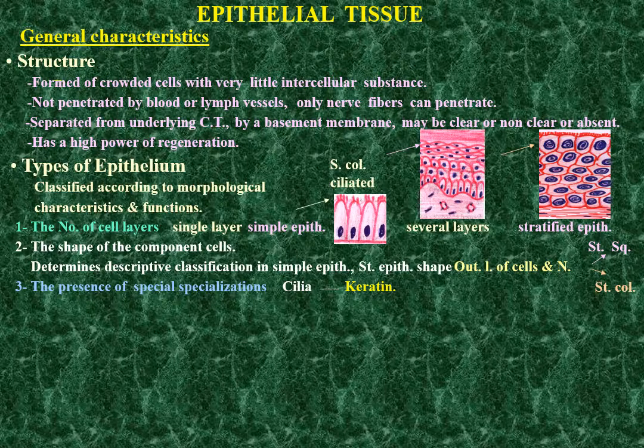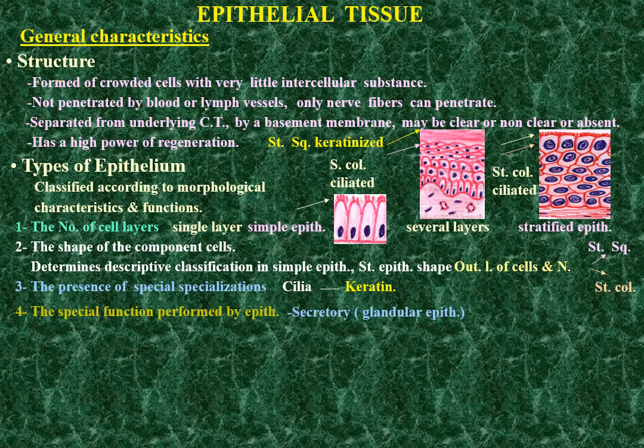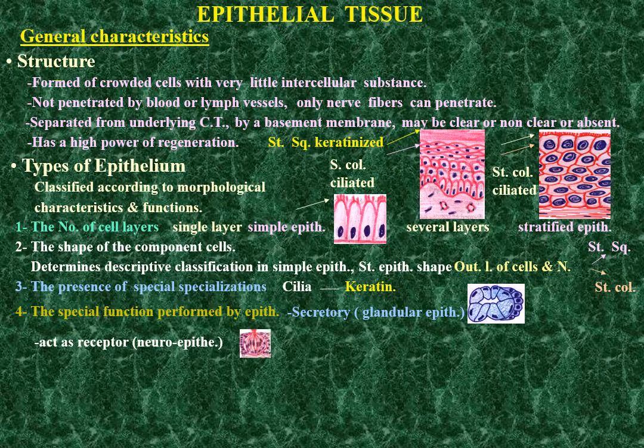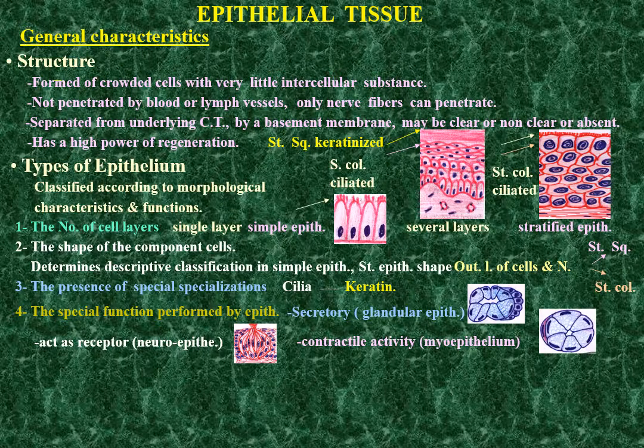Cilia is present in simple or stratified epithelium as simple columnar ciliated or stratified columnar ciliated epithelium, while keratin is present always in stratified epithelium as stratified squamous keratinized epithelium. Fourth, the special function performed by the epithelium: secretory as in glandular epithelium, or the epithelium may act as a receptor as in neuro-epithelium, or it may possess a contractile activity as in myoepithelium.